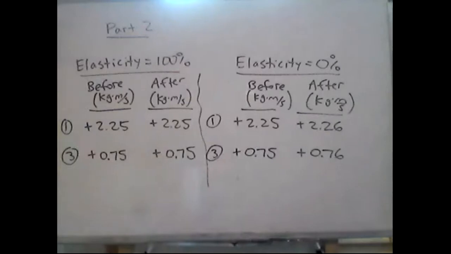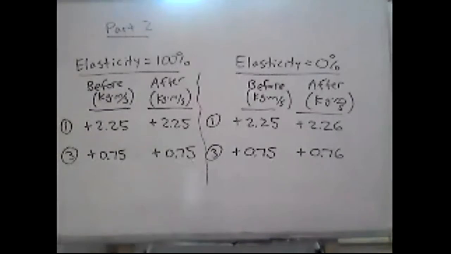But to within experimental error, certainly you see that momentum is conserved. And again, what is conserved? It is the total momentum that is conserved, not the momentum of any individual object. All right, that's very important.